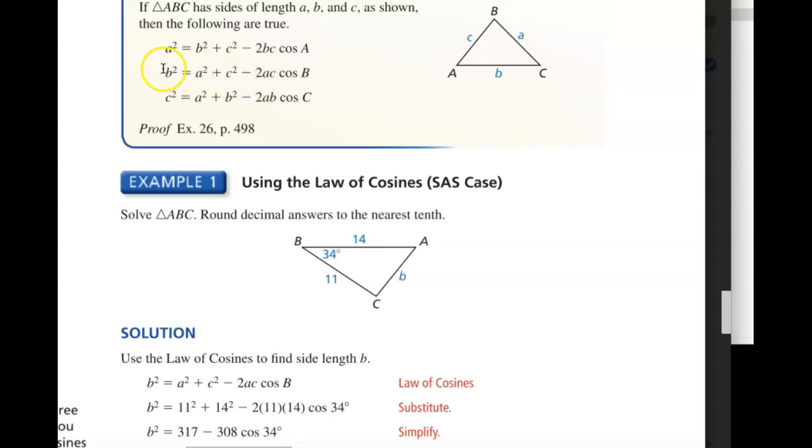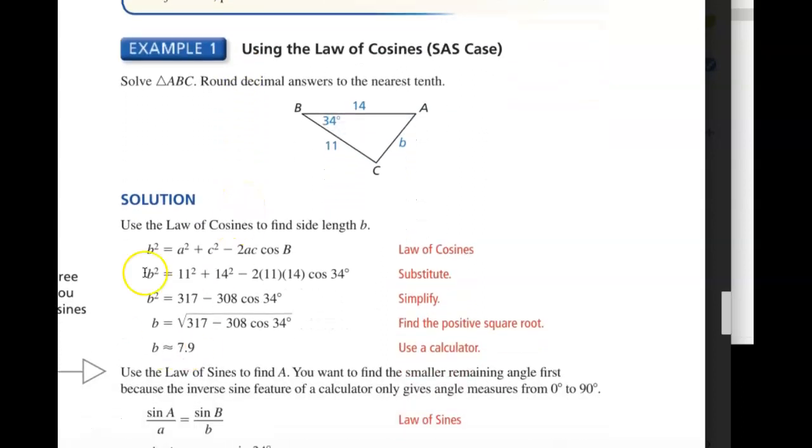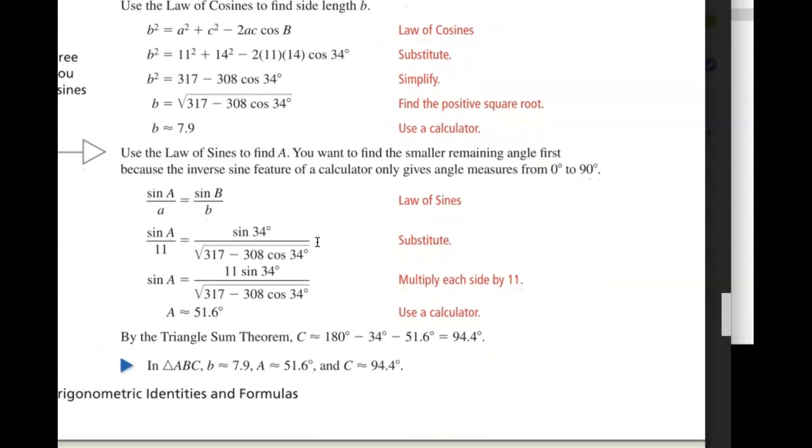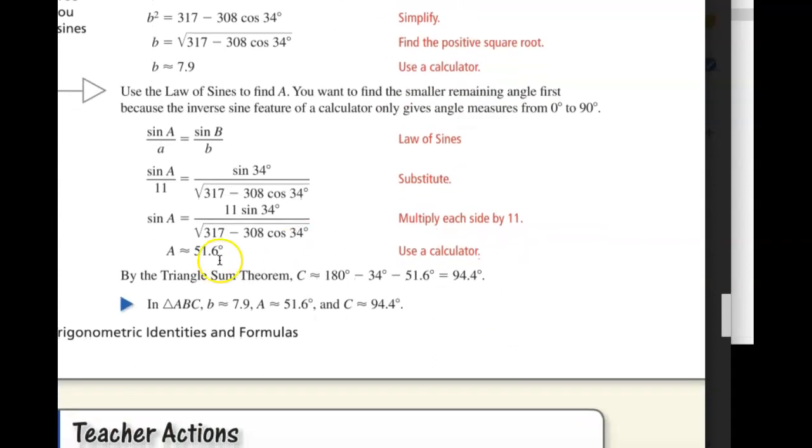When we do that, we take the square root, and then we get B. And so example 1 is simply working through that math in order to figure out what side B is. Once we find side B, we could use law of cosines to find remaining values, but it's quite a bit easier to set up a simple law of sines proportion in order to figure out the remaining unknowns of our triangle, and that's what's been done here.